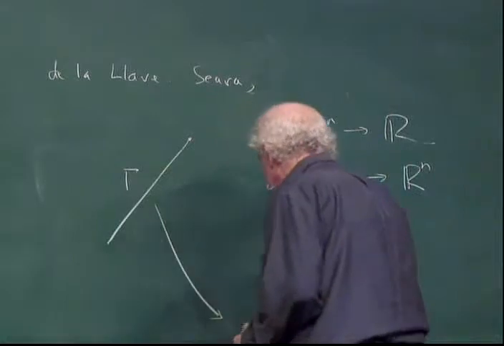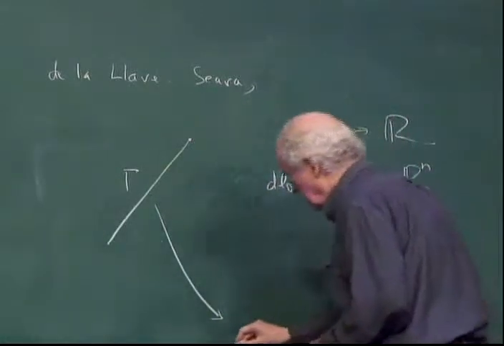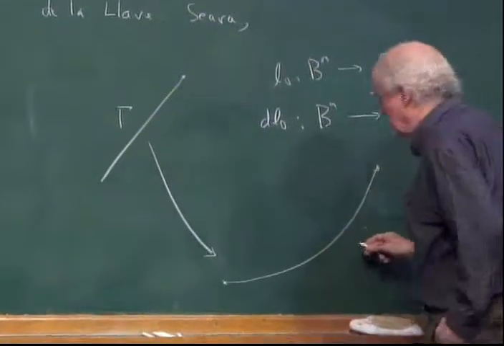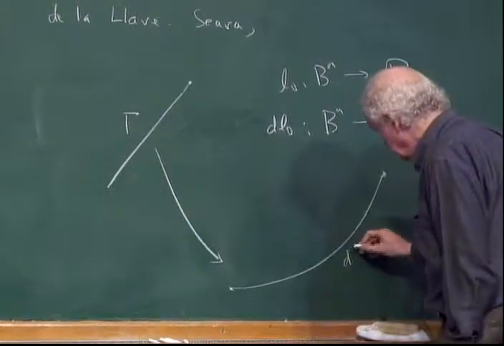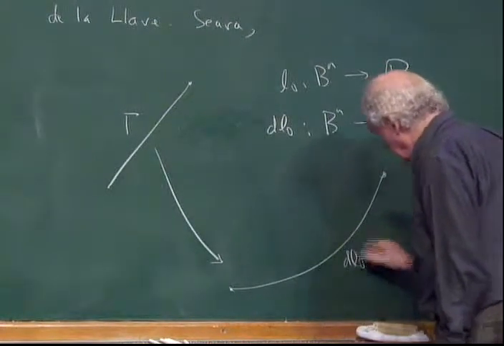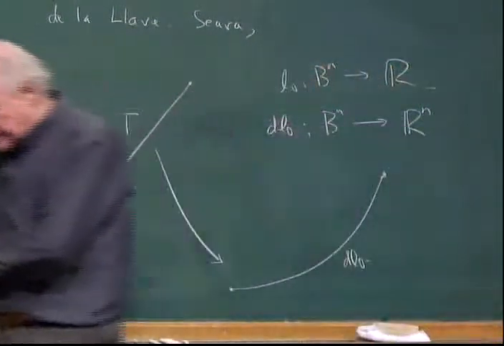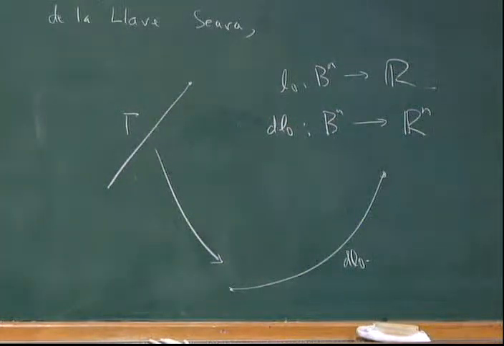So this line goes to some curve. And what I want to do is, how much time do I have now? 10 minutes? Okay, so what I want to do is describe the Aubry sets.